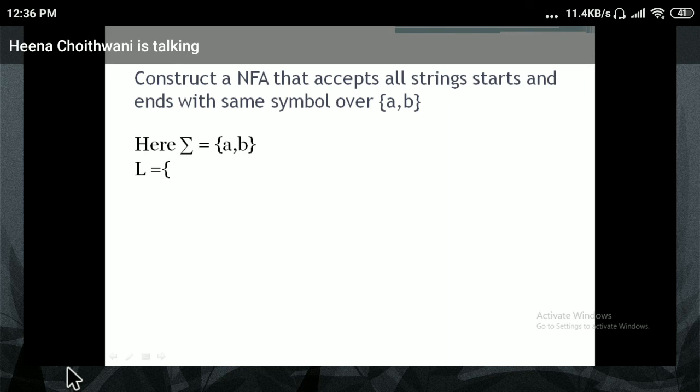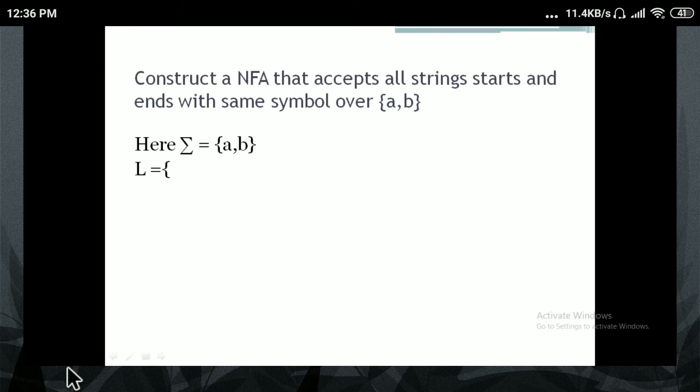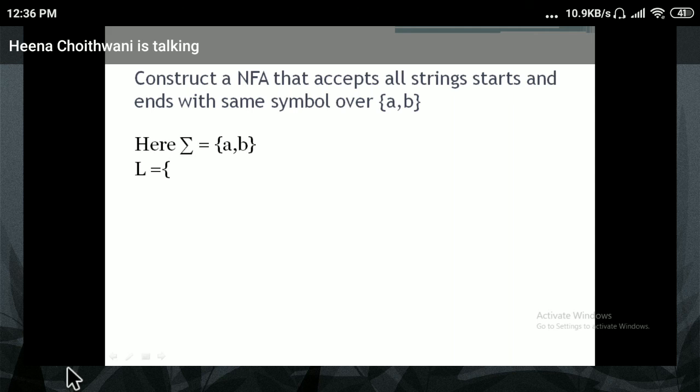Are you getting my point? Either it will start and end with A, or we can have strings starting and ending with B. Starting and ending symbol should be same.